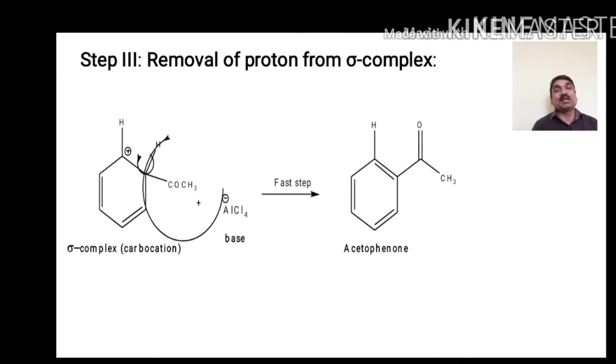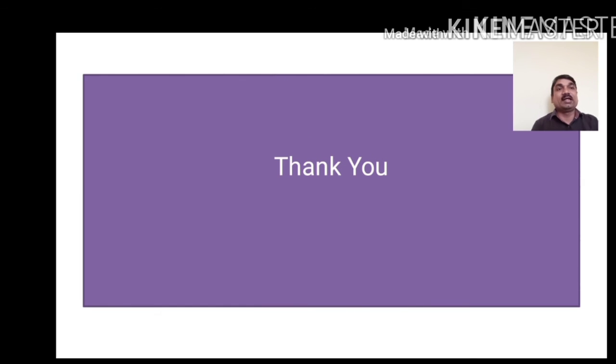In electrophilic substitution reactions, we have studied nitration, sulfonation, halogenation, and Friedel-Crafts reactions. With this we complete this first unit. Next is the third unit. So thank you very much.